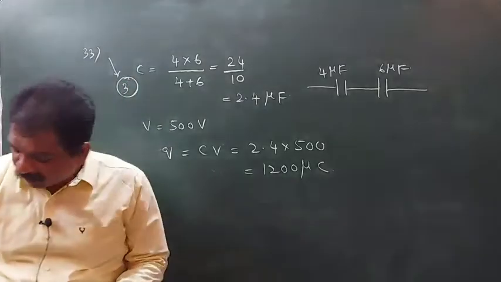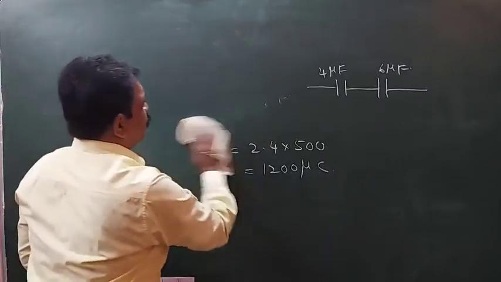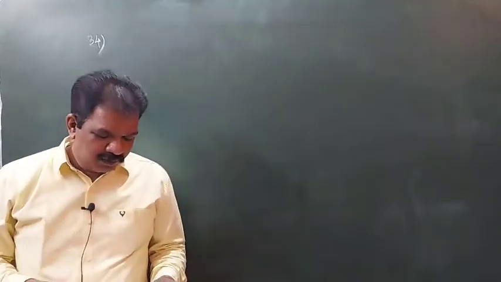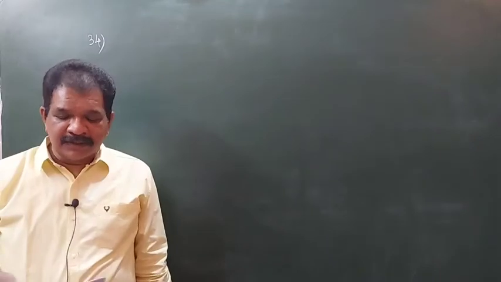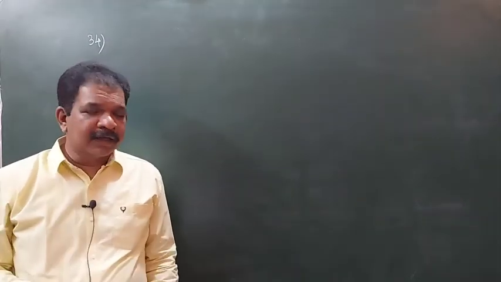Next, 34, you see. What are they mentioning? Two capacitors are in series, potential difference V is applied. What is the PD across C1?